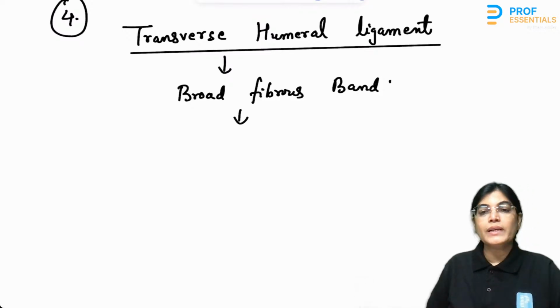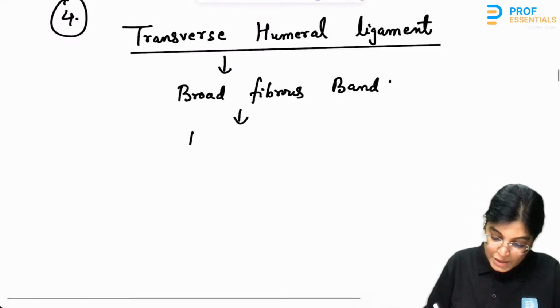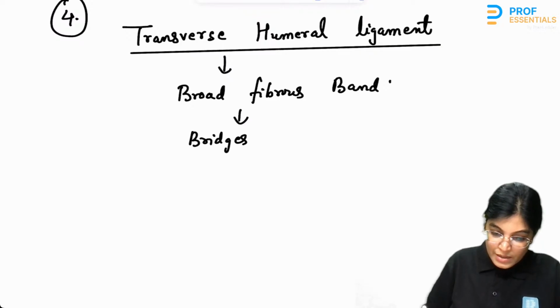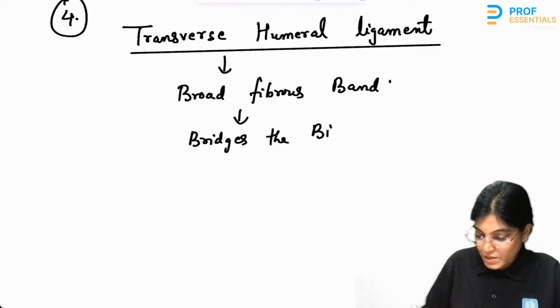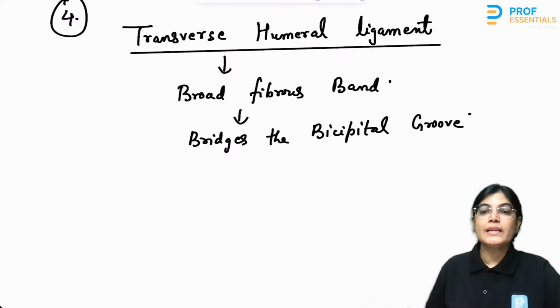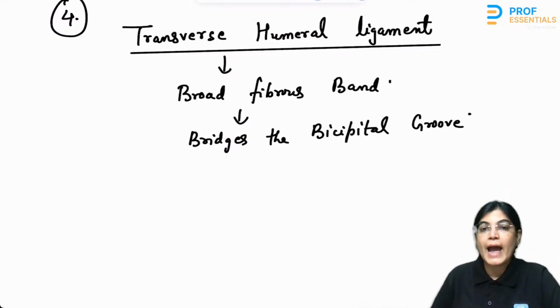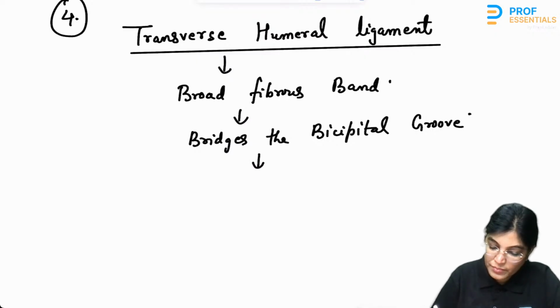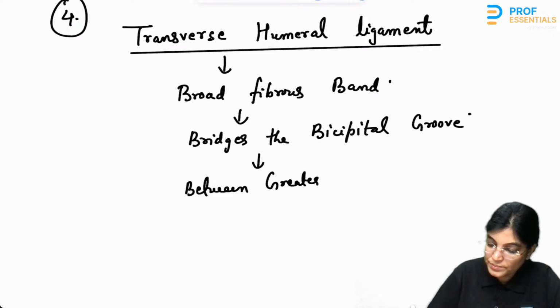which is covering, or you can see it bridges the bicipital groove. So it is bridging the bicipital groove, meaning it is connecting the greater and the lesser tubercle of the humerus bone.